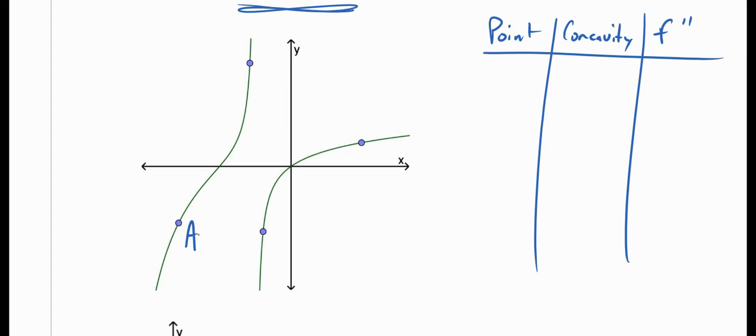There's only two choices, concave up or concave down. What do you think? Down. So point A is down, which means the second derivative at that point will be negative. That's the important connection. Just like we know whether the first derivative is positive or negative. That's what's important.